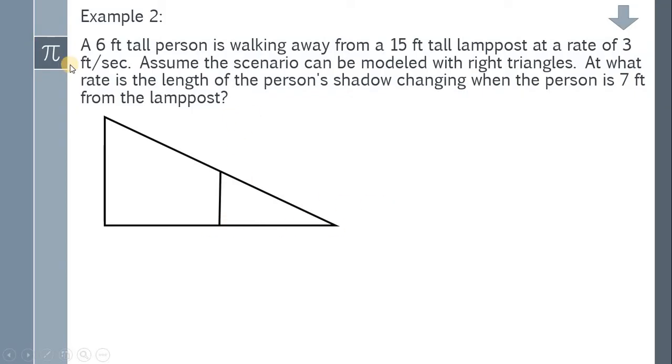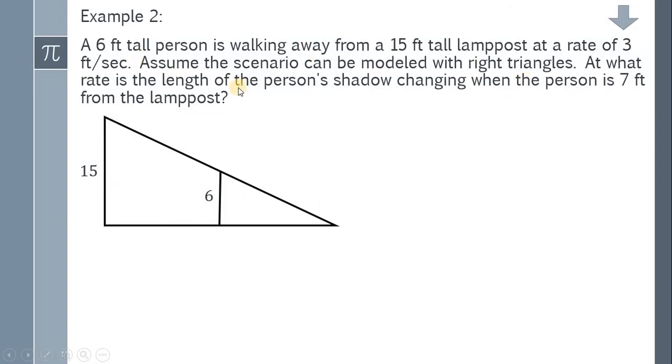So, basahin ulit natin yung problem. A 6 feet tall person is walking away from a 15 feet tall lamppost. Ibig sabihin, yung height ng ating person is 6 feet and yung length ng ating lamppost is 15 feet. Next, assume the scenario can be modeled with a right triangle. Ito na ngayon.